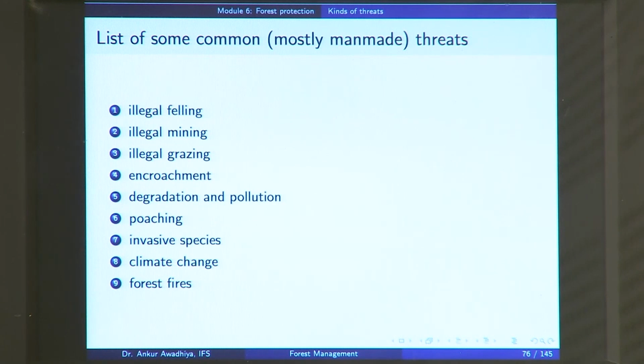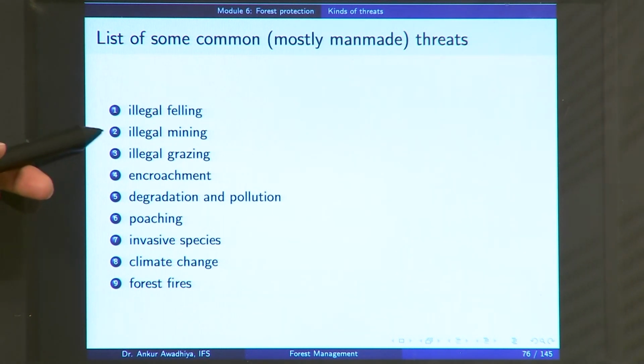So, illegal felling is happening on a large scale. It is not only for timber, it is also there for firewood, and especially if you have a brick kiln somewhere, then you will find large scale felling of green trees to supply the brick kiln.